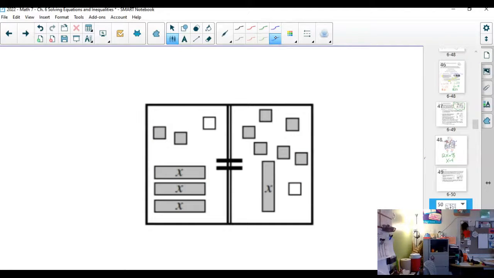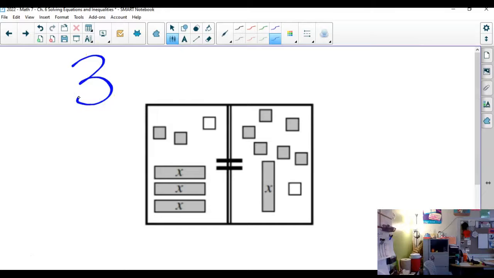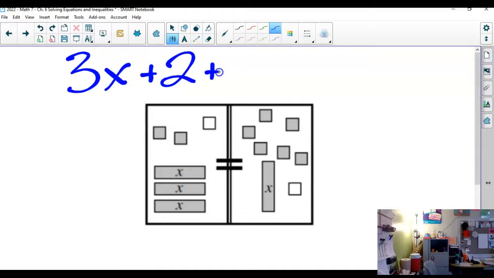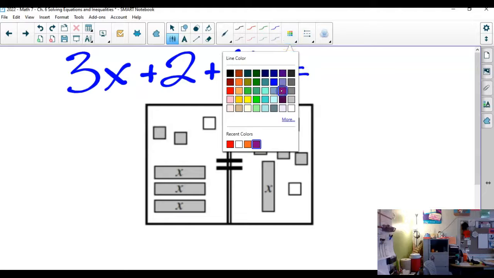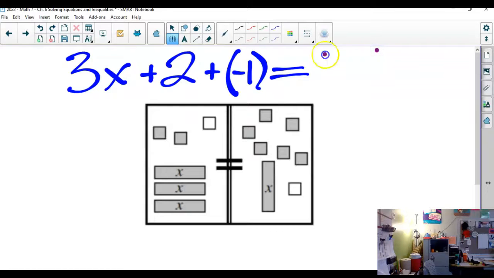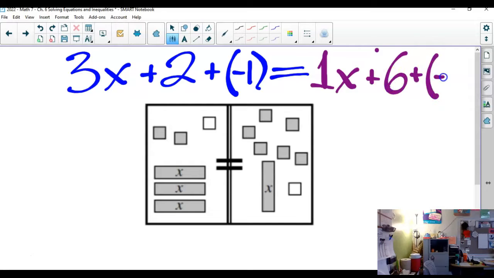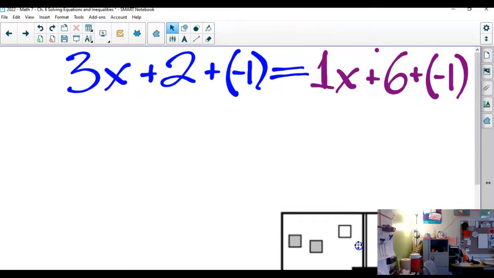When we started, we had 3x, actually I'm going to write a little bigger, 3x plus 2 plus negative 1 equal to 1x plus 1, 2, 3, 4, 5, 6 plus negative 1. And now I'm going to throw the mat away.